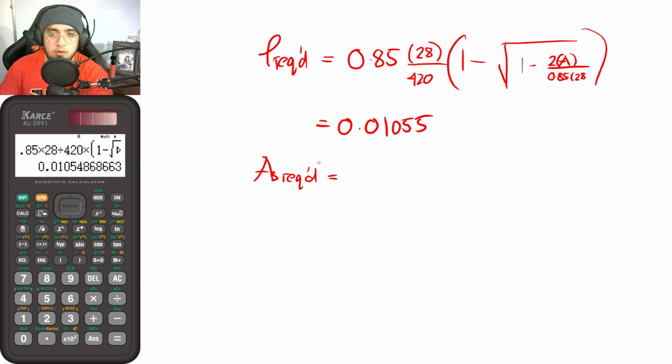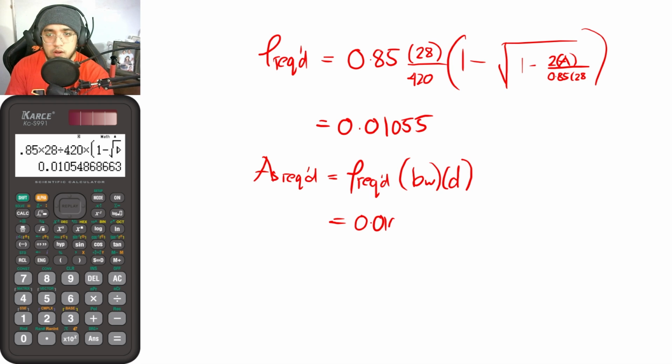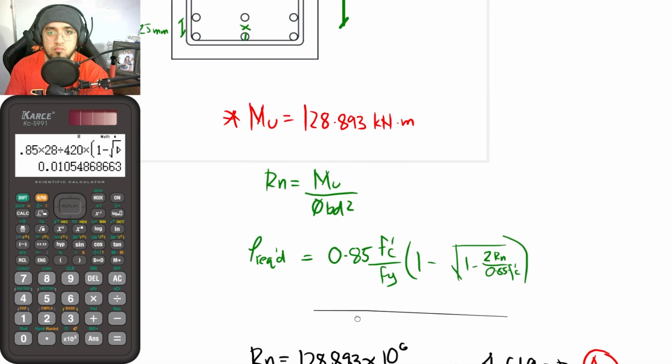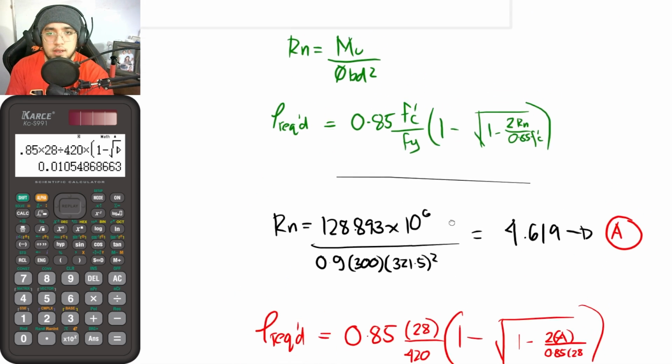And from that, our As required is equal to rho required times bw times d. So this is 0.01055 times bw of 300 times the depth, where is the depth once again?